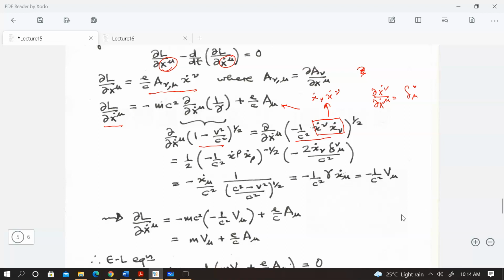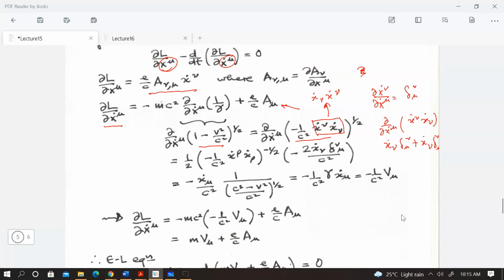So I need to have d/dx dot mu of x dot nu x dot nu. Okay, so one of them, if you differentiate that, I will get x dot nu with delta mu nu. Okay, and then I do the reverse. I will also get x dot nu delta mu nu. Okay, so you get twice of that. So that's what you have over here.